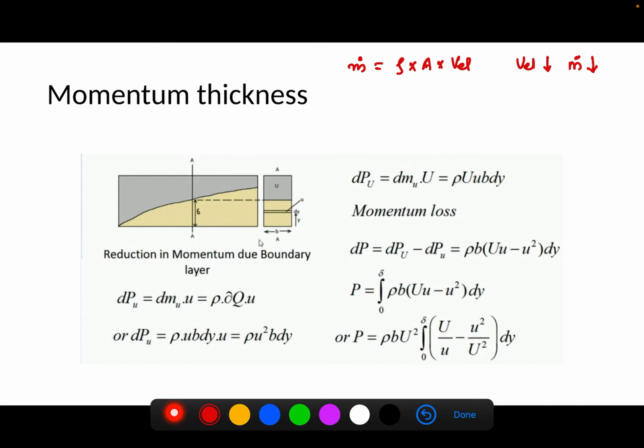So to keep the mass flow rate constant, the fluid layer has to shift by a thickness called displacement thickness. Similarly, to keep the momentum flow rate constant, the boundary layer or the fluid layer has to shift a small thickness theta.